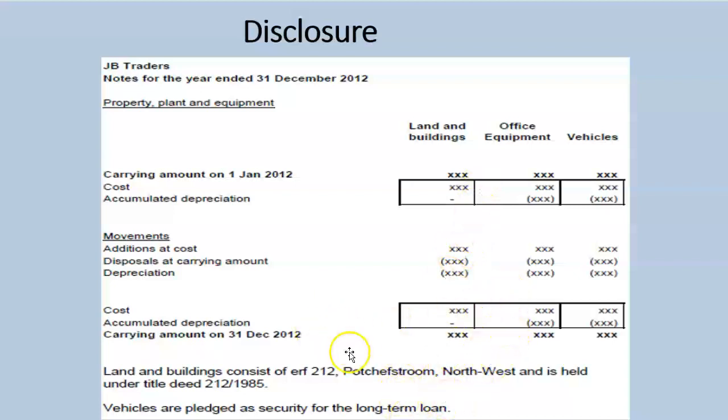Now, what is important, let's say for instance, we have vehicles. I'm a transport type of company and I have huge trucks. Now, for you guys who know something about a truck, you have the trailer, which is the back part of the truck, and then you have the horse.